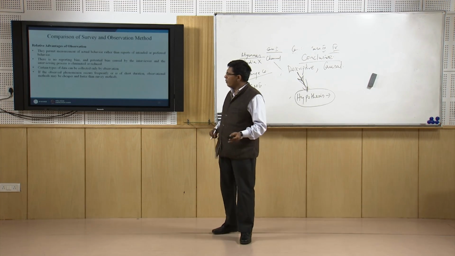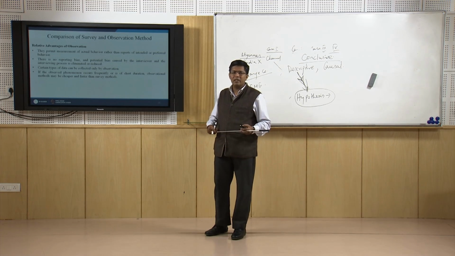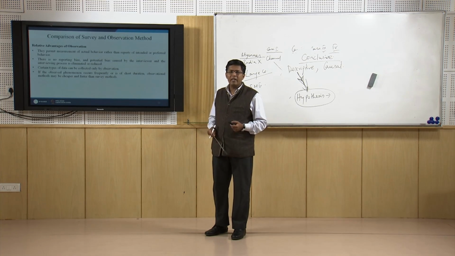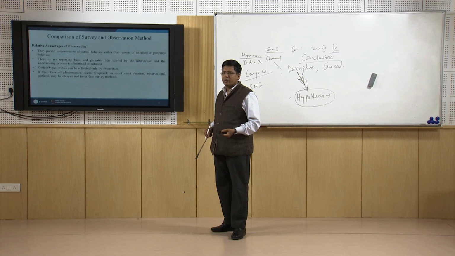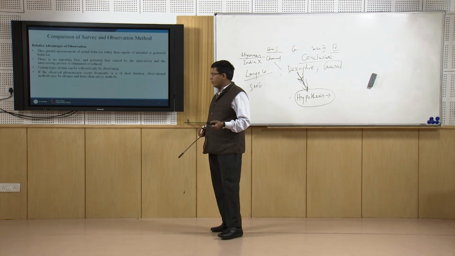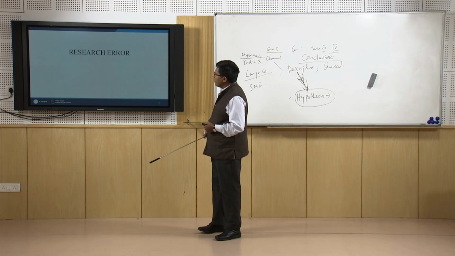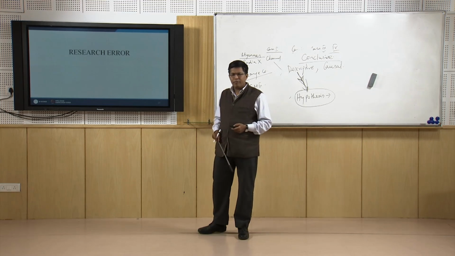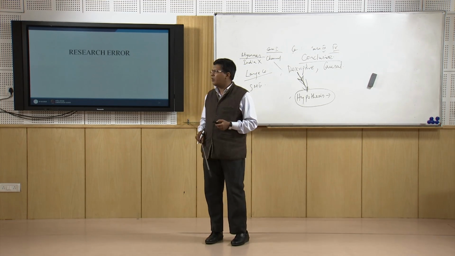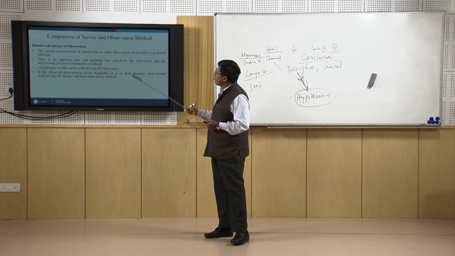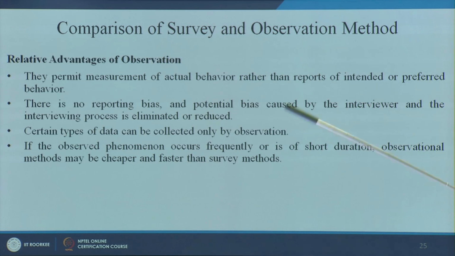In fact, a survey can be biased, because if the respondent gives you a wrong reply, then it might not be possible to predict his actual behavior, right. So this is what is happening in observation and survey methods.